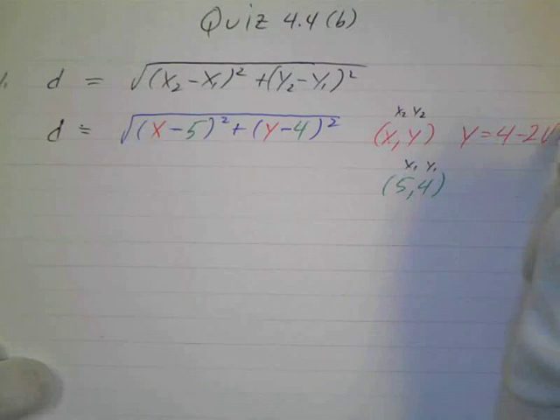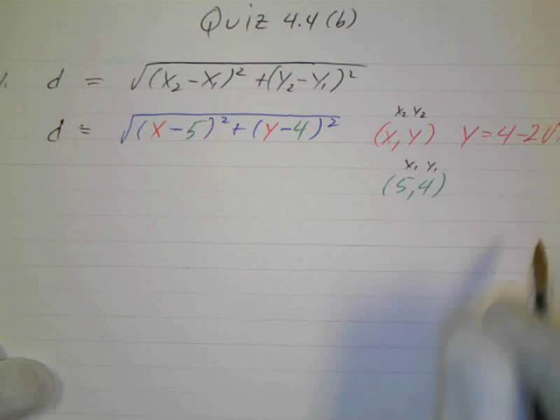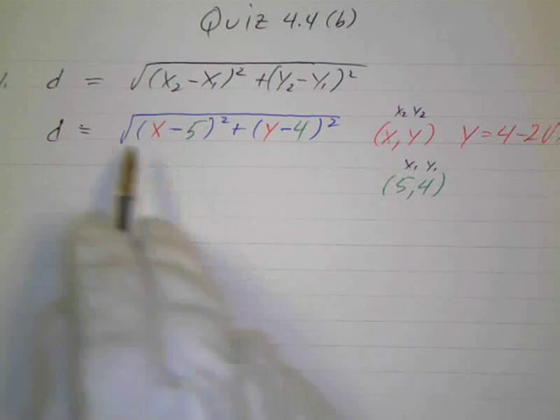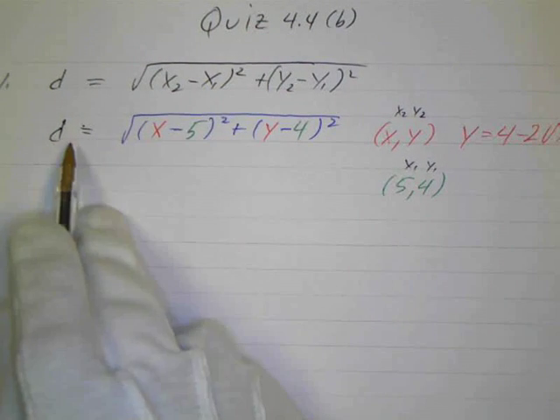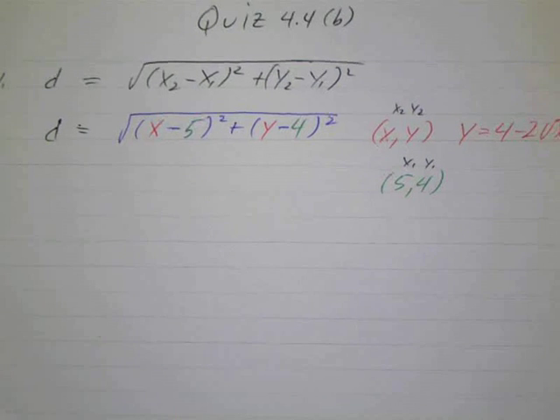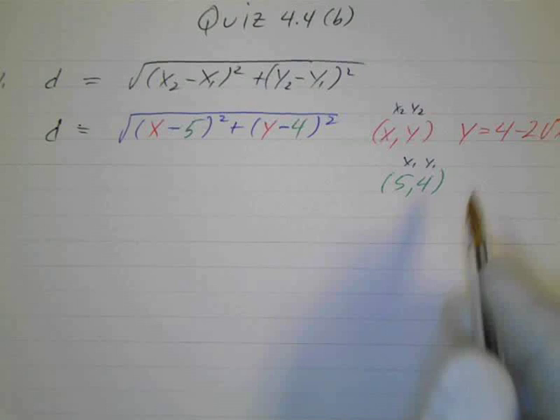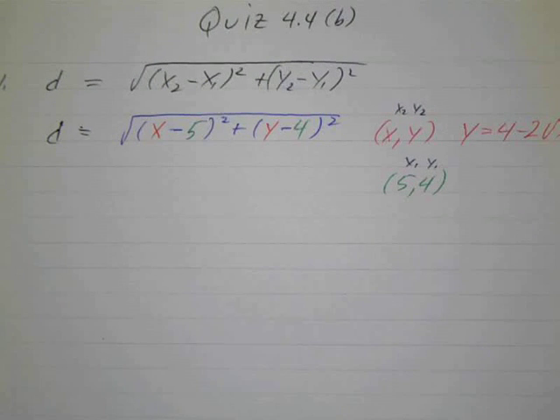Okay? So this is going to allow us to reduce this distance, which is what we want to minimize. This is the distance. We want to minimize that, so we're going to use this here. So we'll rewrite this.